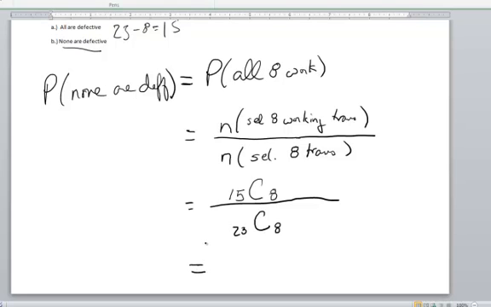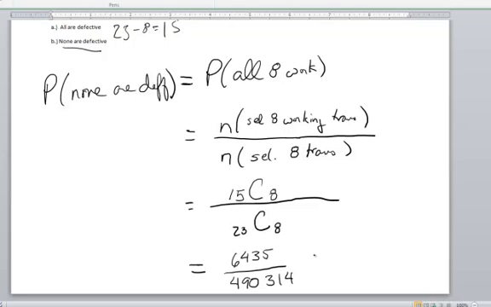Okay. Crunching these numbers in a calculator gives me 6,435 divided by, well, this is going to be the same denominator as is often the case for these problems, 490,314.